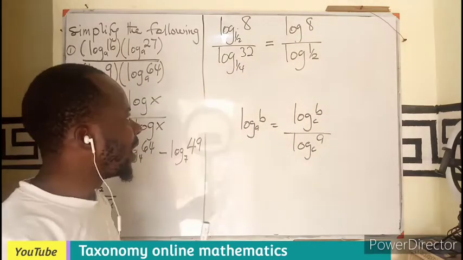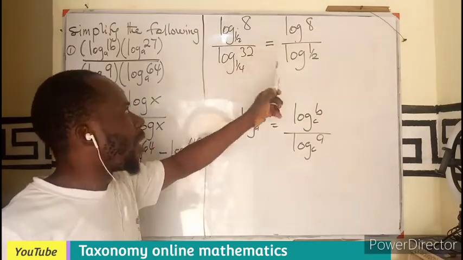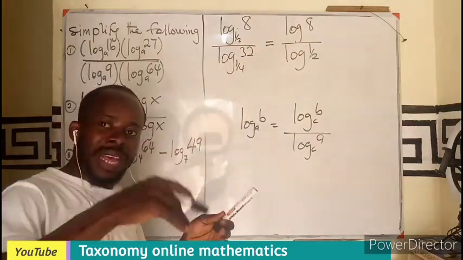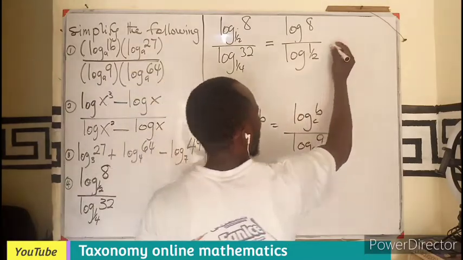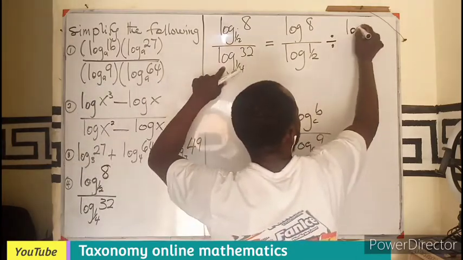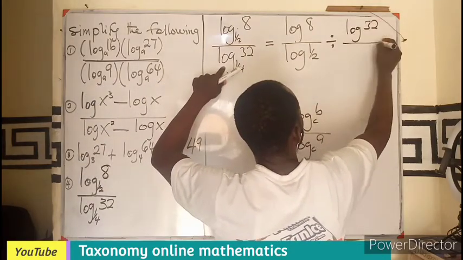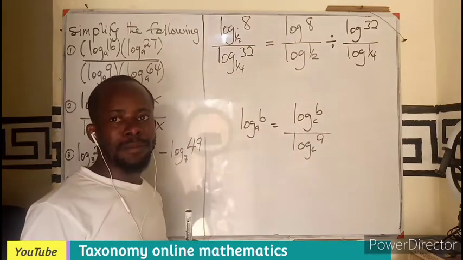Don't forget, what we are doing is changing the base of the numerator. I want the numerator and the denominator to have the same base. So I will divide: log 32 base 10 over log 1 over 4 base 10.